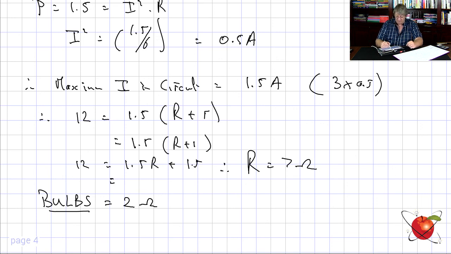You see? The 1 is there already. So the bulbs are 2. Therefore, the resistance at X must be equal to 7 minus 2, which is 5 ohms. And you can check yourself if you want to. Just put a 5 there and work out what your new current is.